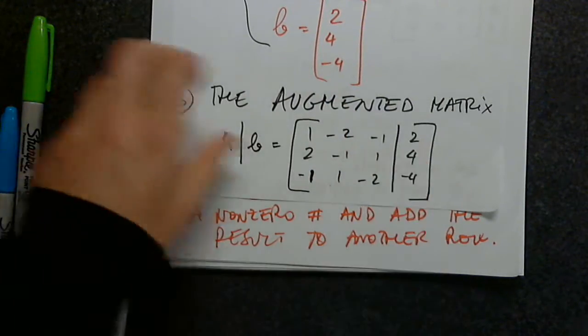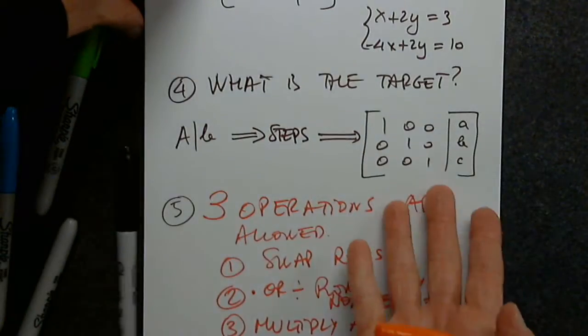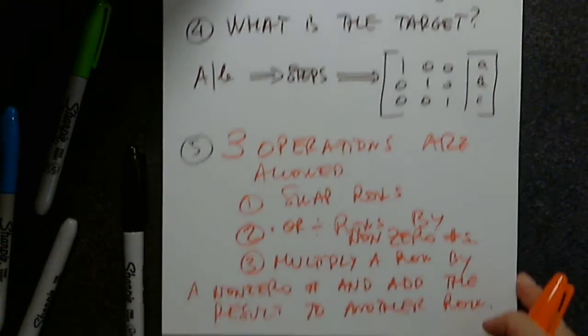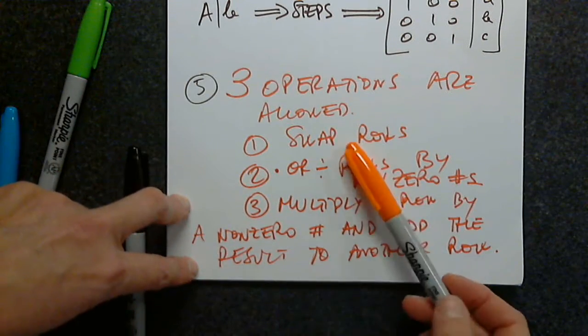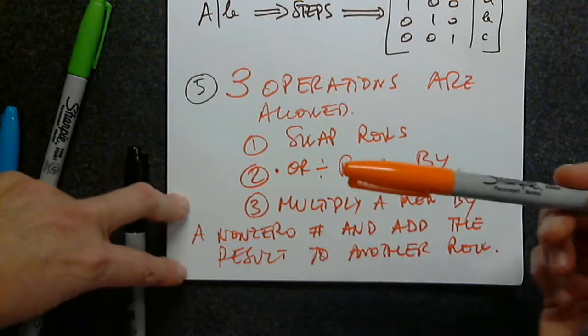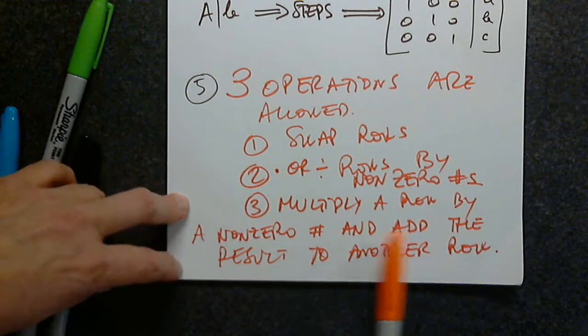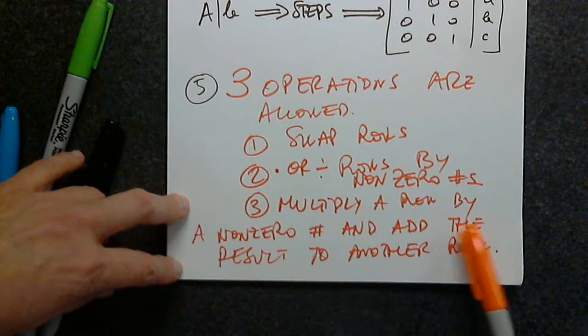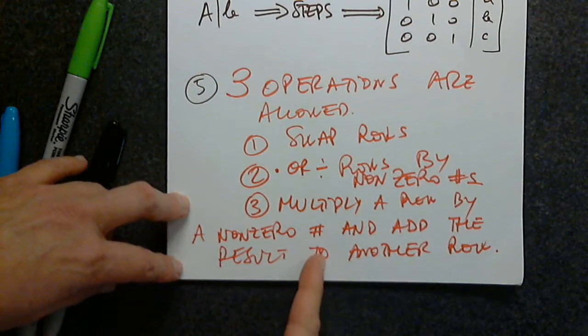We know what the augmented matrix is. Finally, we know what the target is. We are trying to change this into that. Then we know that we are only allowed to do these three things. Swap rows if we need to, divide or multiply rows by a non-zero number, and then multiply or divide a row by a non-zero number and add the result to another row, like in the elimination.